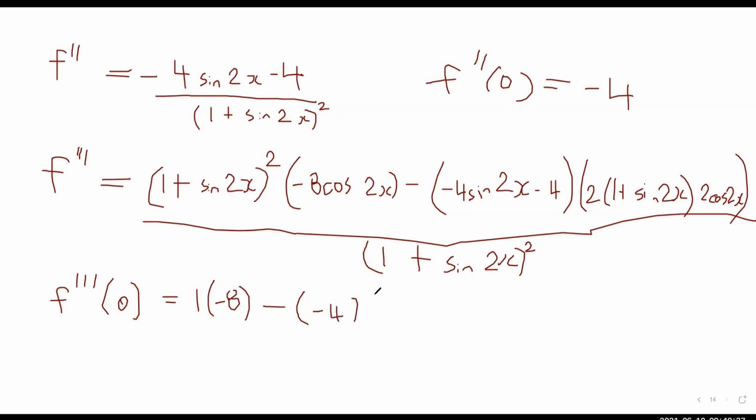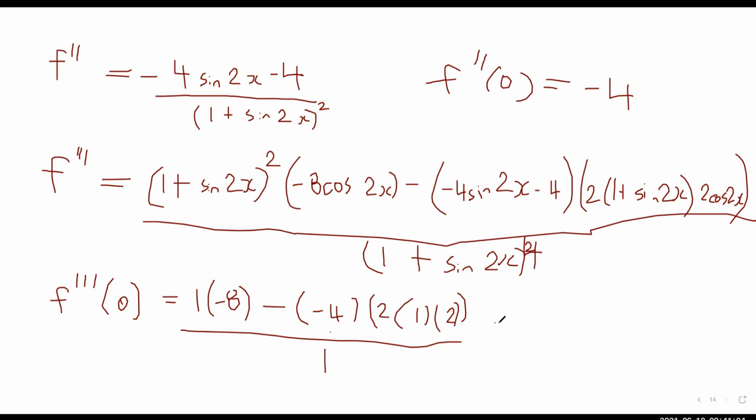Plug 0 here, so you get 0, so all of this is 0. Then you get 2 times 1 plus 0 is 1, times 2. Close that over the bottom squared, which was to the 4th power. We plug in, and you get 1 in the denominator.